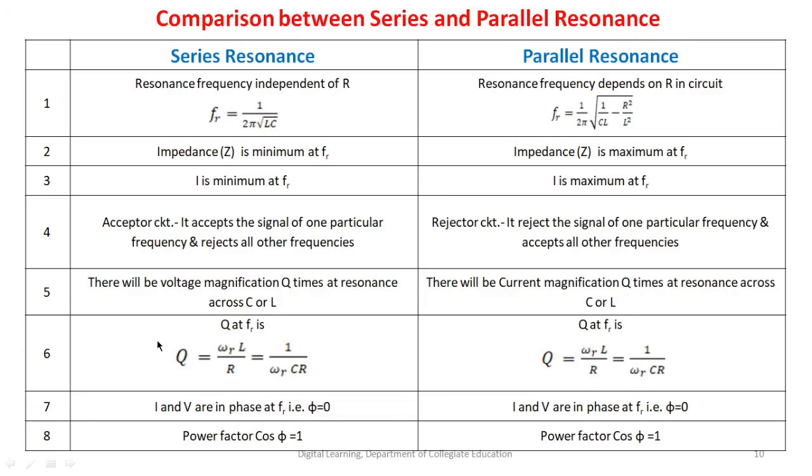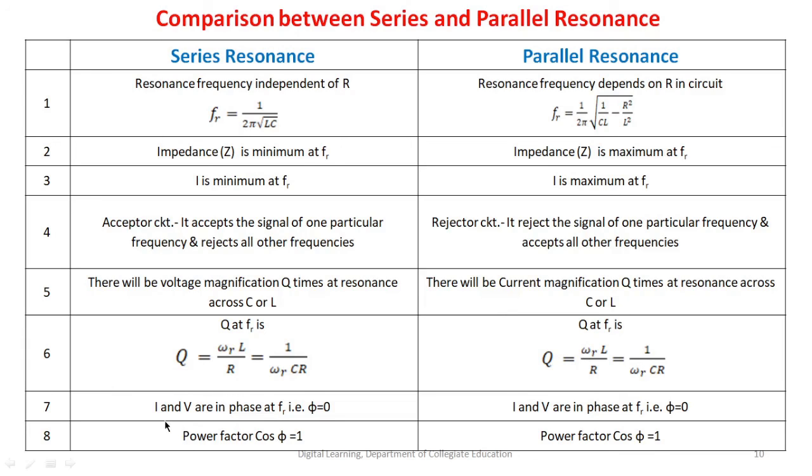And the sixth difference is quality factor at resonance frequency is given by Q is equal to omega R L divided by R, or it can also be represented as 1 by omega R C into R. So in case of parallel resonance, quality factor is represented by Q is equal to omega R L divided by R, which is also equal to 1 divided by omega R into CR. So in both the resonance conditions, the quality factor expression is same.